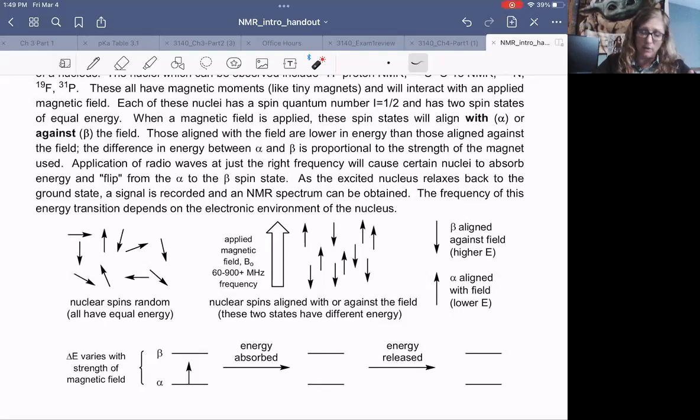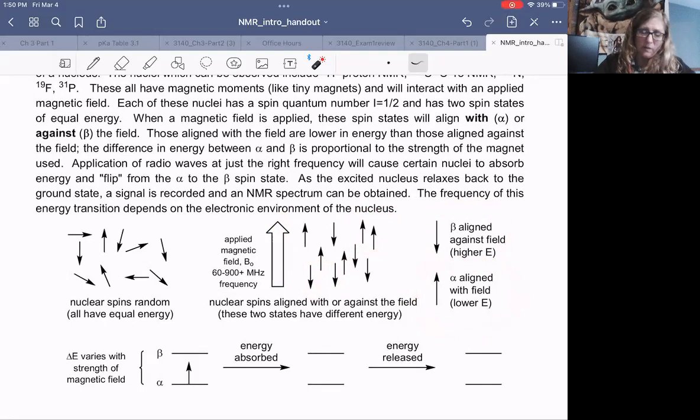They can either align in the same direction as the field, or in the opposite direction of the field. We describe those spin states as alpha or beta. They're roughly equal in their population, with a slightly larger population of the ones aligned with the field, the alpha, because that is a lower energy spin state.